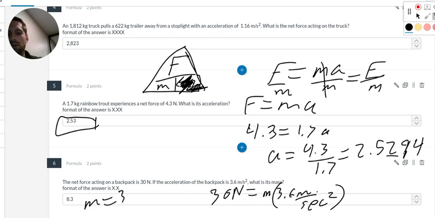Equals 36 over 3.6. And that should give me about, oh, I said 36, didn't I? I meant 30. About 8.3 repeating, but I want 2 decimals, so it's just 8.3. So that's it.